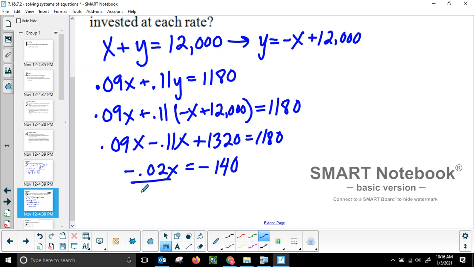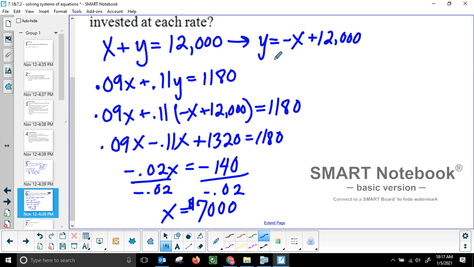Now we divide both sides by negative 0.02, and we will get x is equal to $7,000. So now we know how much was put into the account that was getting 9%, because we just designated that.